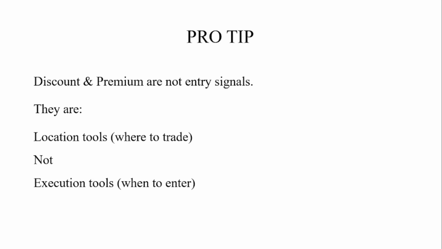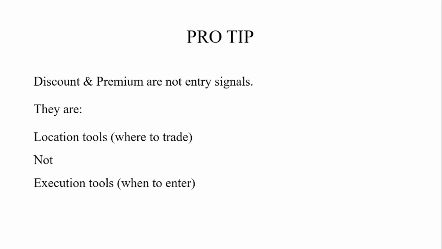Pro tip: discount and premium zones are not entry signals. If you've heard that they are entry signals, it is not an entry signal. Rather, they are location tools, where to enter, where to trade, not when to enter, right? That is why I said you have to make use of it with other confluences to be able to say, okay, this is my point of entry, right?